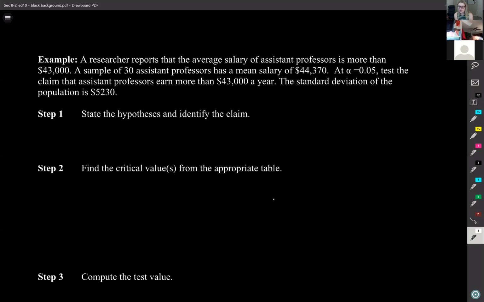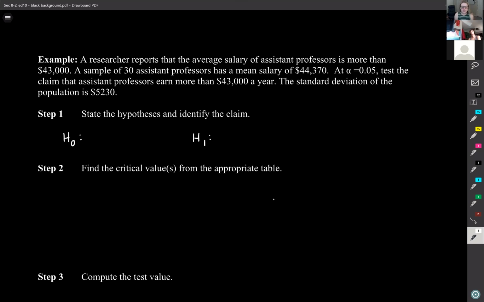Great. Let's go through our steps here. First, we're going to state our hypotheses and identify which one is the claim. Remember, we have to do a null and an alternative hypothesis. So null, and then over here, we'll do the alternative.